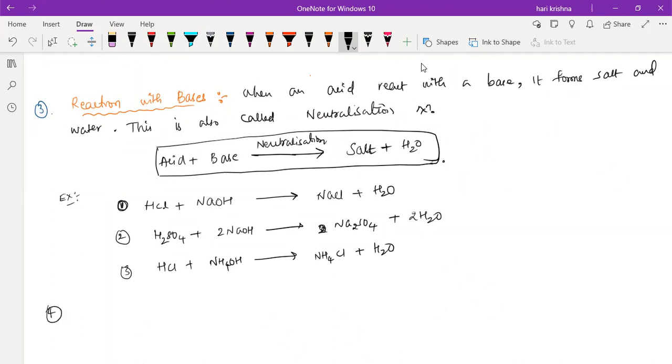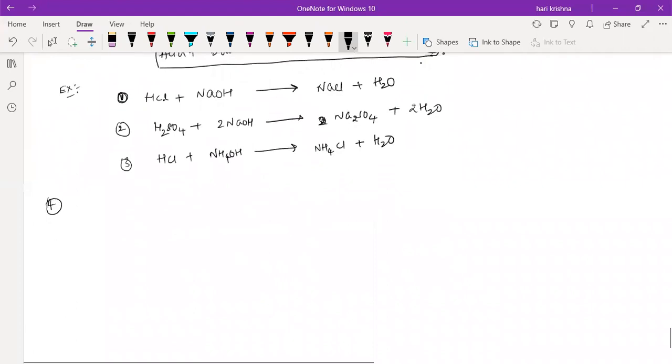Next one is the reaction with metal oxides. Generally you take the metal oxides and the non-metal oxides.